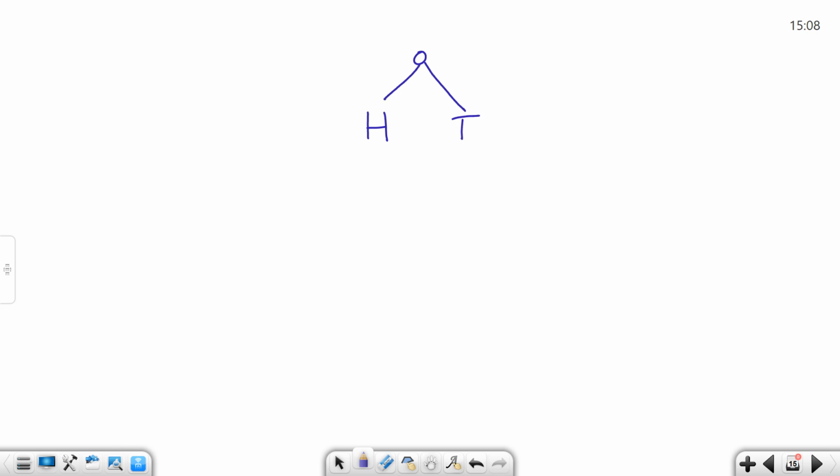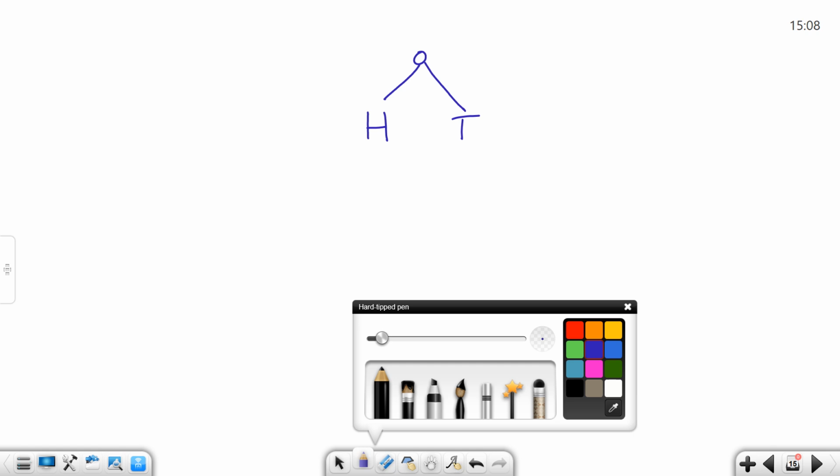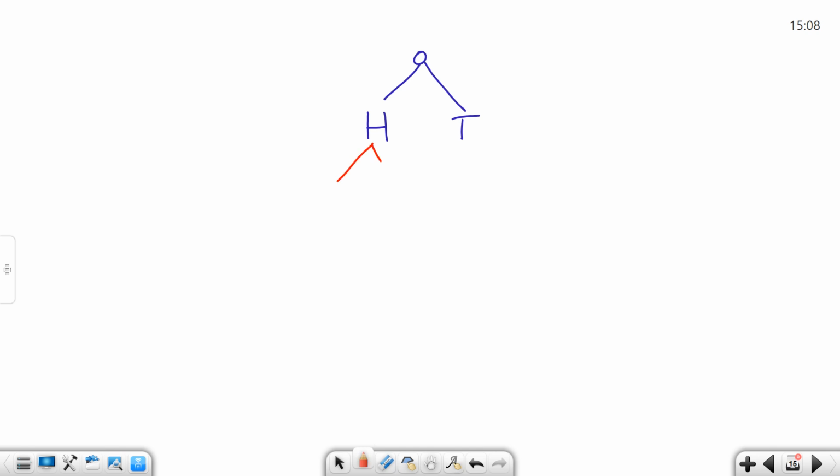When you toss your first coin, you either get a head or a tail. Then we toss it the second time, and I get a head or a tail again. So my probability tree looks like this.